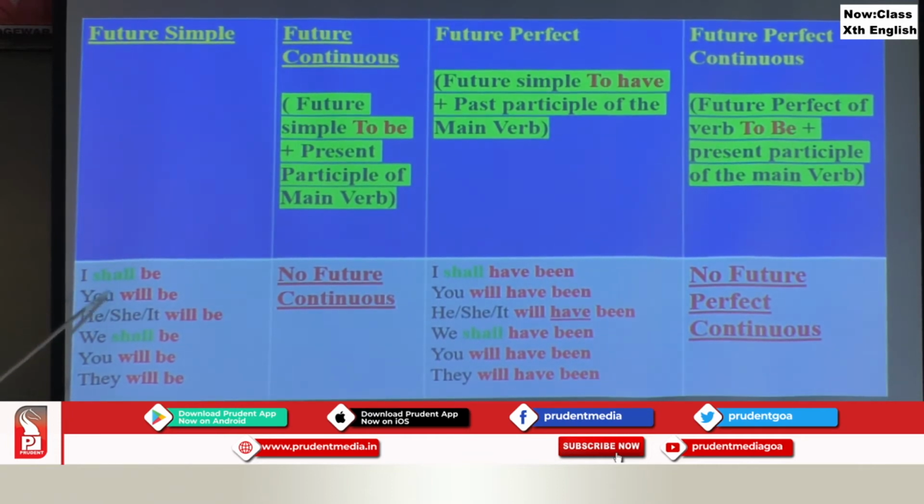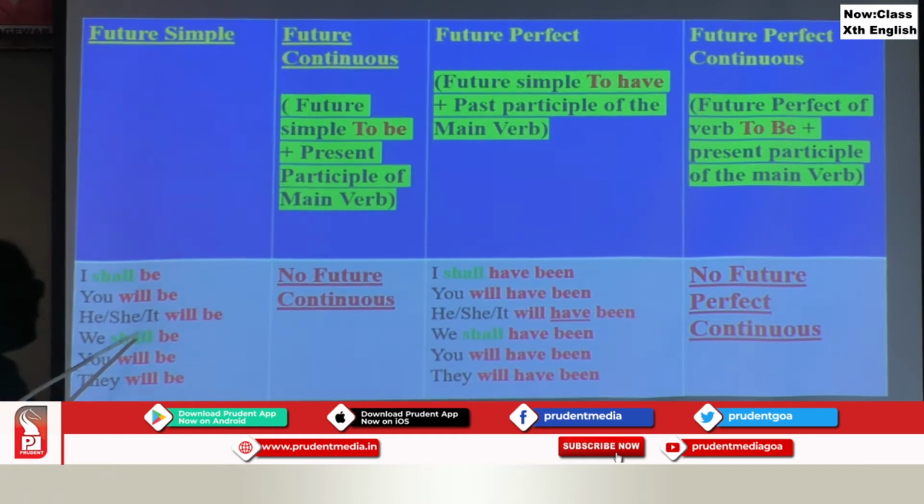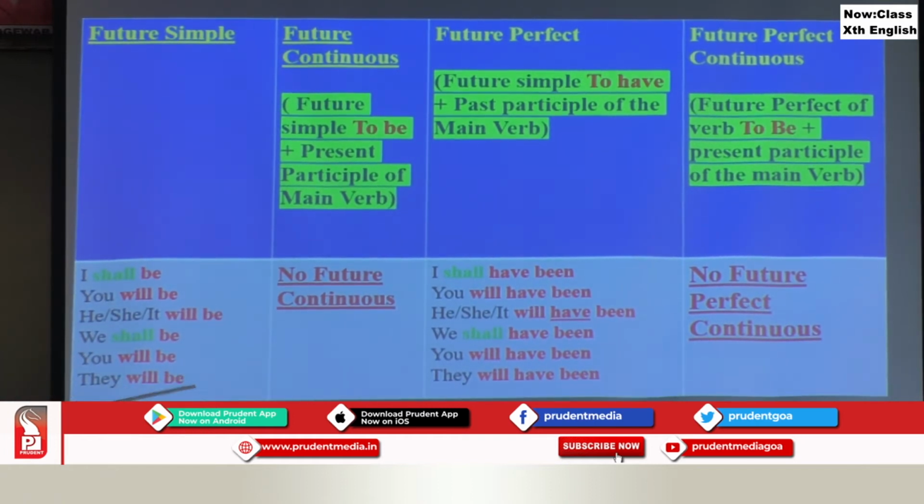So, now you will be wondering why for first person singular and plural I have put shall. We usually use shall because will is also used as obligation and therefore we use shall. I shall be, you will be, he, she, it will be, we shall be, you will be, they will be.